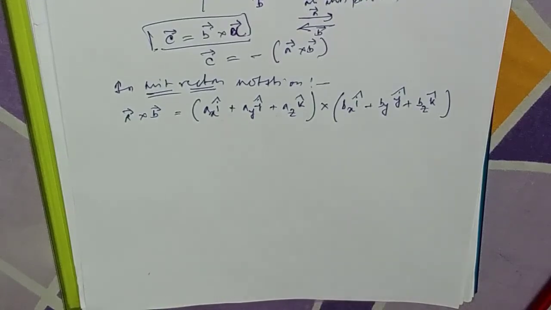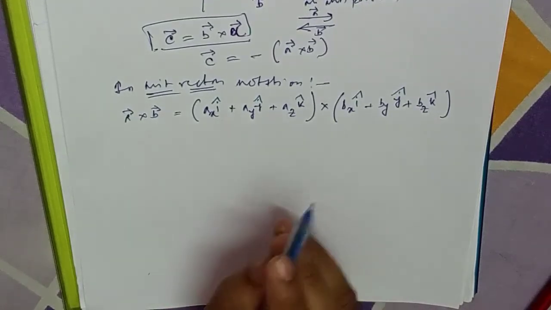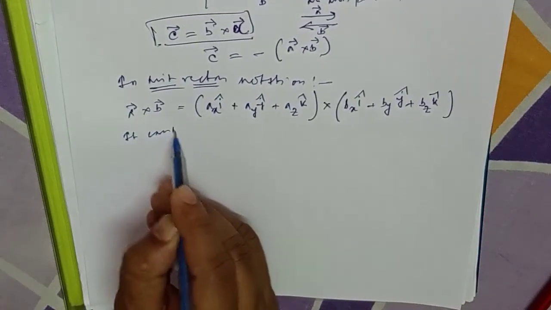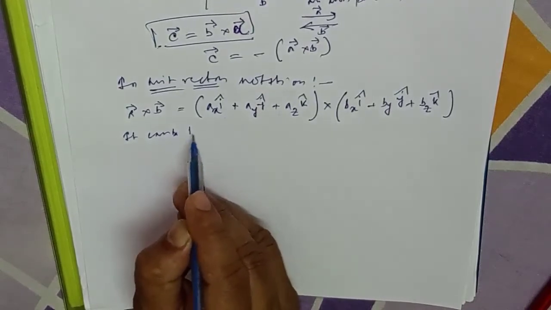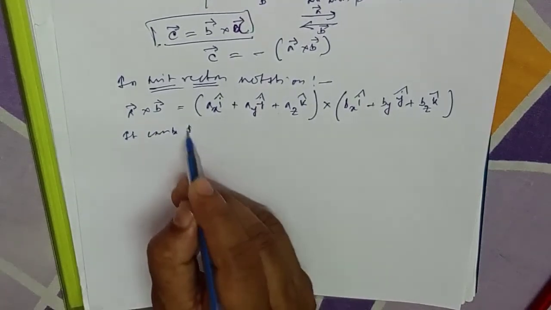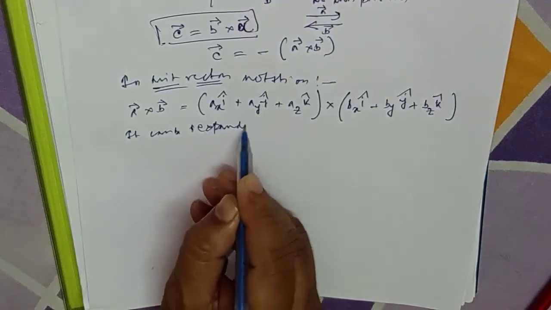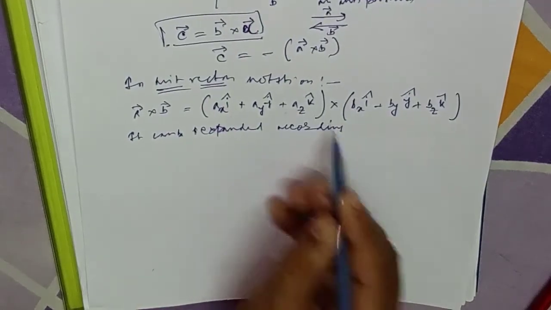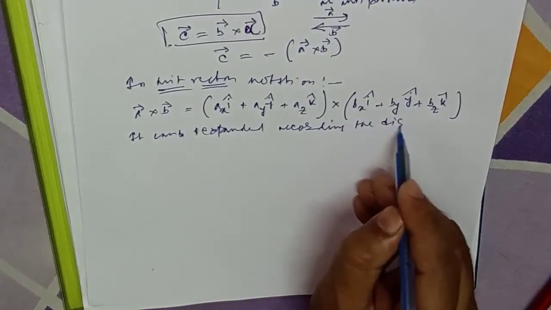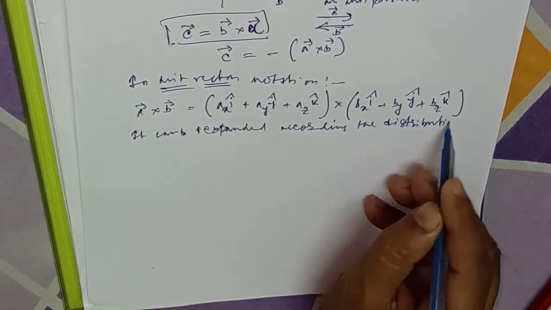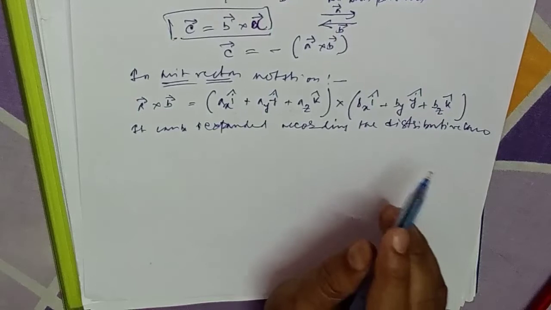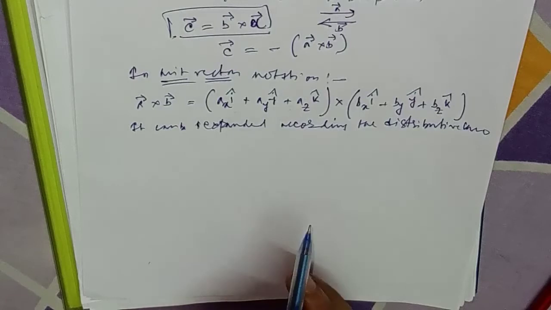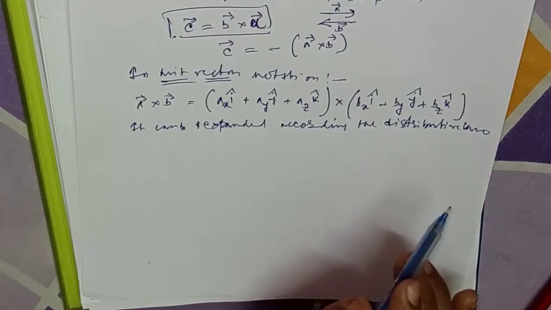In the distributive law also, this can be expanded according to the distributive law. So it can be expanded, according to the distributive law, such that each component of the first vector is crossed with each component of the second vector.